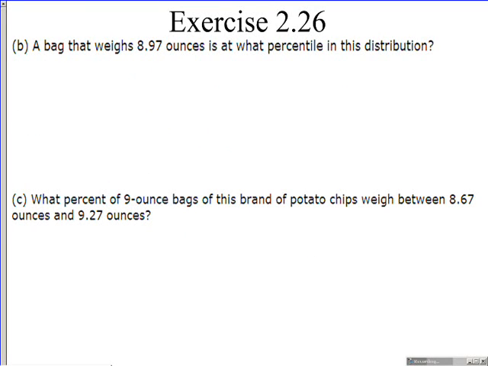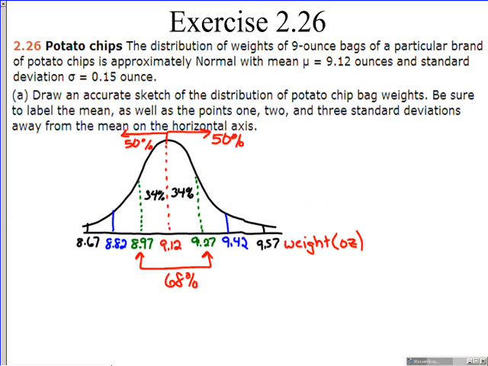So now the question was, a bag that weighs 8.97 ounces is in what percentile? Well, here's 8.97 ounces. Percentile means how many bags are at that value or less than that value. In order to help us do that, we can figure out how many are to the right of it pretty easily.